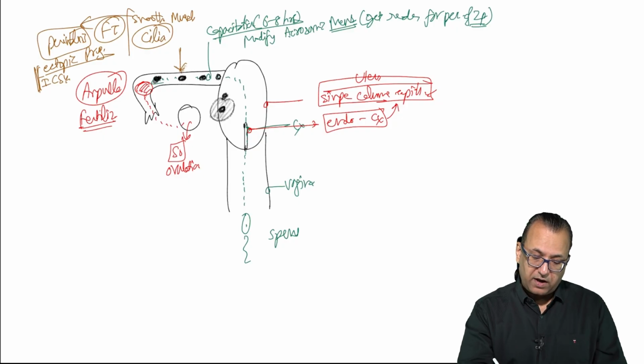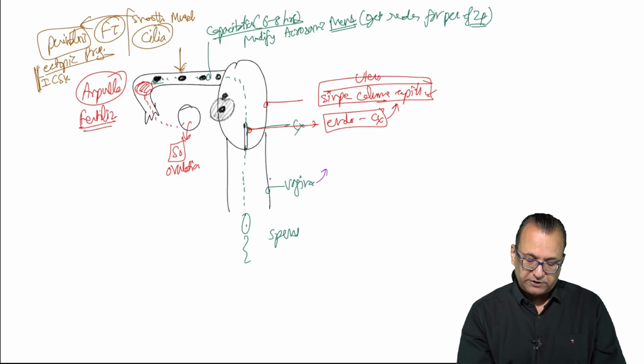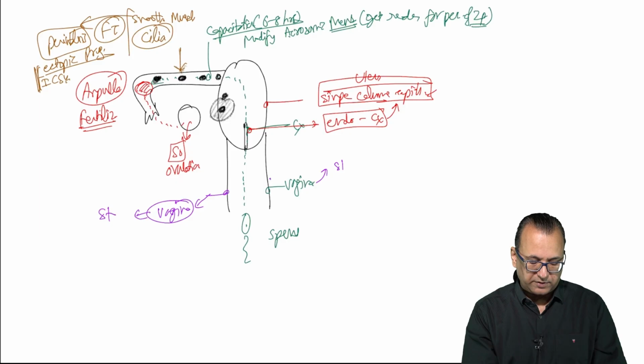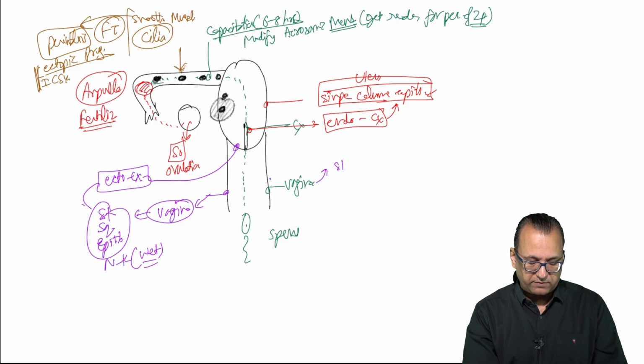But if we are talking about the vagina, it will be stratified. You can write here, this is the vagina now, and vaginal epithelium is stratified squamous epithelium, and this is non-keratinized because it is a wet surface. Same happens with the ectocervix. This is the ectocervix protruding into the vagina, which will also have the same epithelium.